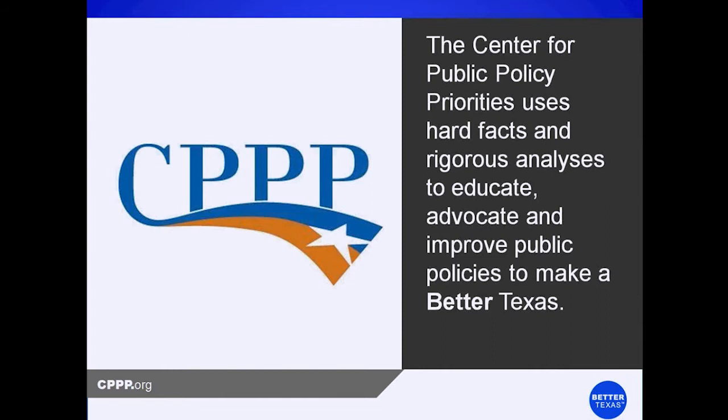The Center for Public Policy Priorities uses hard facts and rigorous analysis, and we use that information to educate the public and elected officials, to advocate for changes in laws and also policy at the local level to improve the lives of children and families. And ultimately our goal is to make a better Texas.